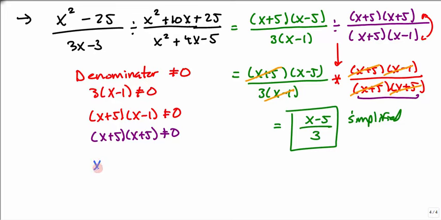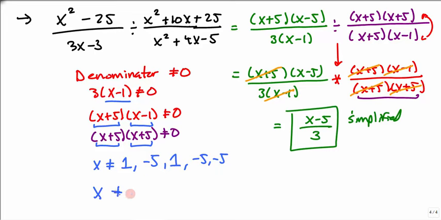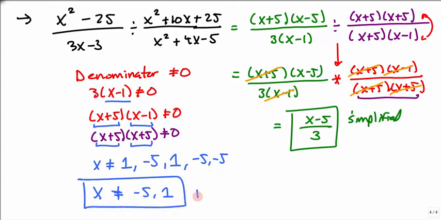So for here, x cannot equal, in this case I would get a 1. In this case I'd get a negative 5. This case would give me a 1, which is a repeat, and then both of these give me negative 5 and negative 5. Now a lot of these are the same value, and so what I do is I go through and I list them in order from smallest to largest for my domain restrictions.